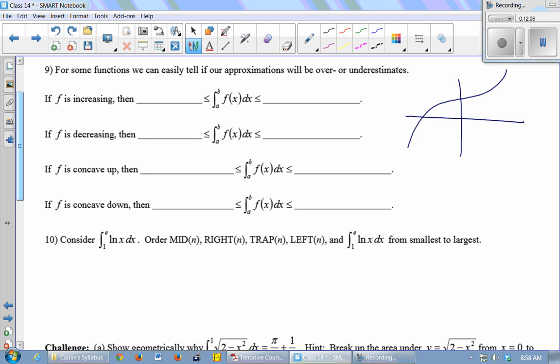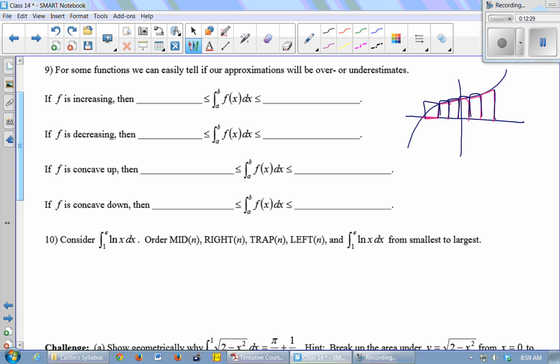Left and right, yeah. So if you use left endpoints, you'll always have an underestimate, right? And if you use right endpoints, you'll get an overestimate.